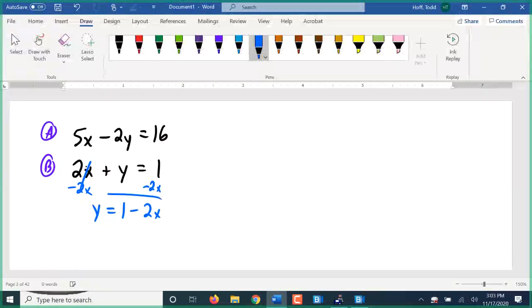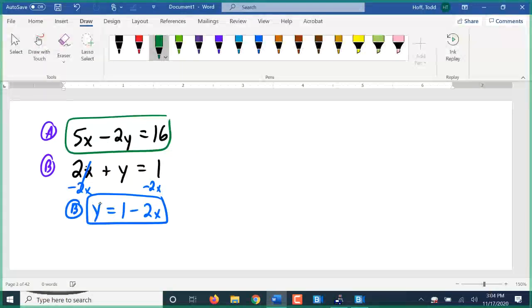It is solved for y. It is still equation B. Now I have to put that into the other equation, into equation A. So I'm going to rewrite it, 5x minus 2, but instead of y, I'm going to put in 1 minus 2x, equals 16.